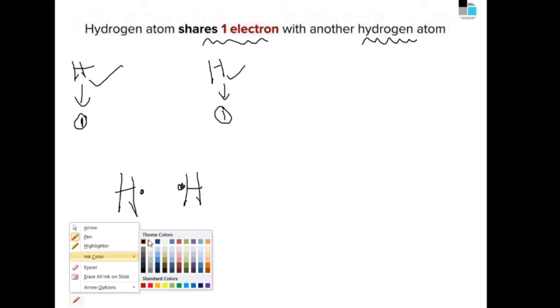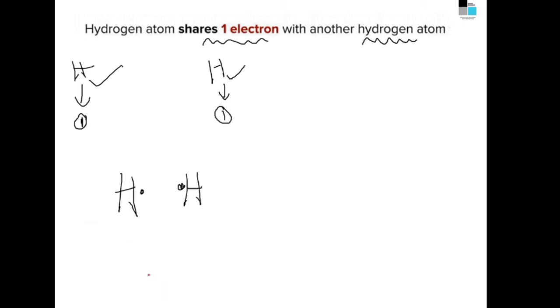Now we are talking about the sharing of electrons. This hydrogen would share the electron from the other hydrogen, so it gets 2 electrons. This hydrogen also requires 1 electron, so it takes the other one too, and also gets 2 electrons.